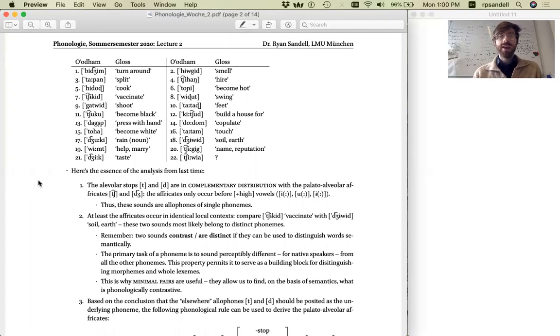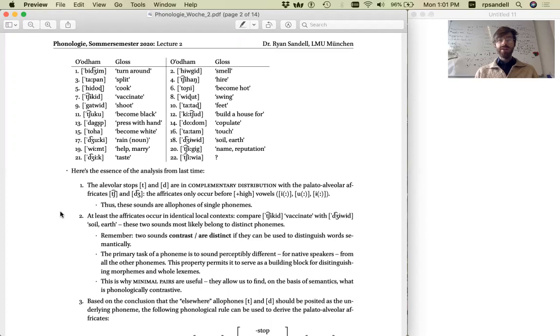And in that case, we found that the affricates only occurred before the high vowels, front e, back u, and central I. So for instance, we have words like bijim with j before e and chikid with ch before I, but otherwise in all other positions, before non-high vowels or at the end of a word, for instance, we find the stops t and d. So we were able to conclude that the affricates and the stops constituted allophones of single phonemes.